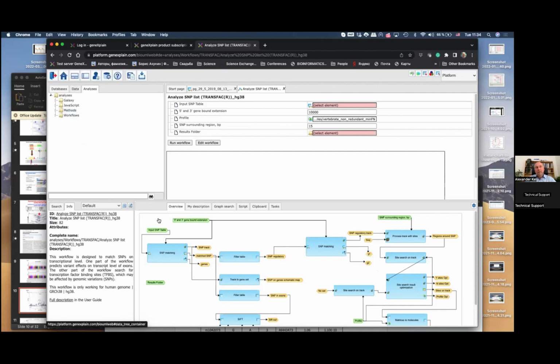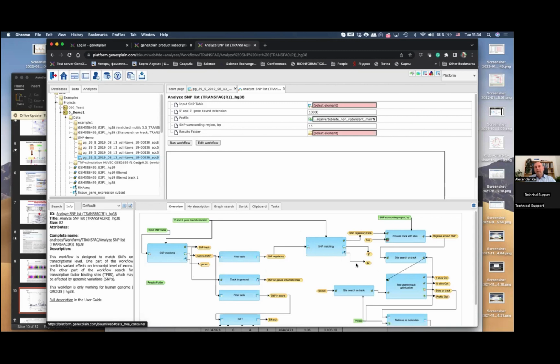I will go there a bit later. But now this pipeline is already ready, we made it before. By the way, in the tool we have more than 100 different pipelines, which are already ready for you to use, and they can do various things.